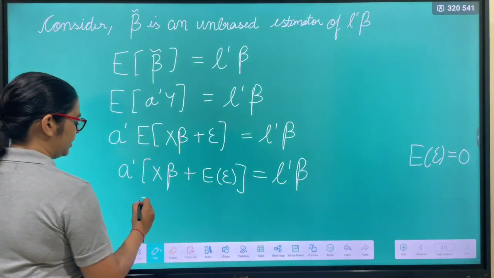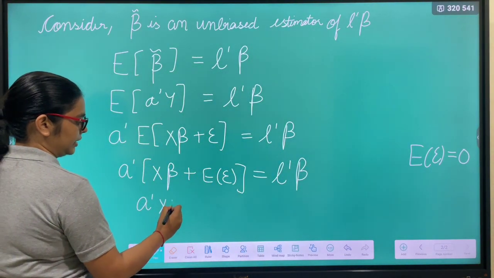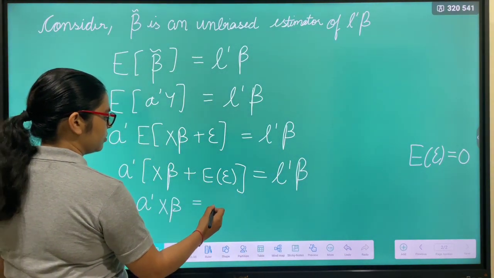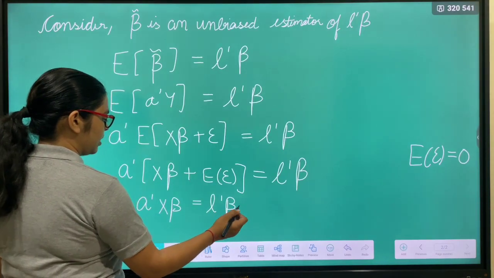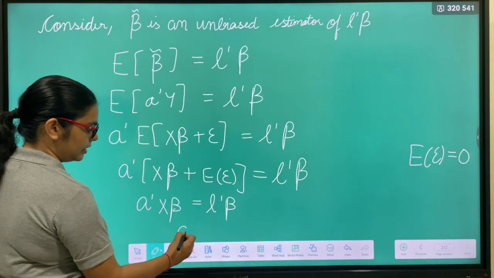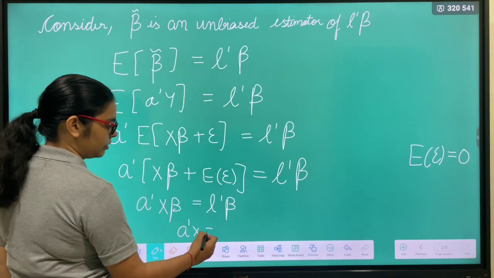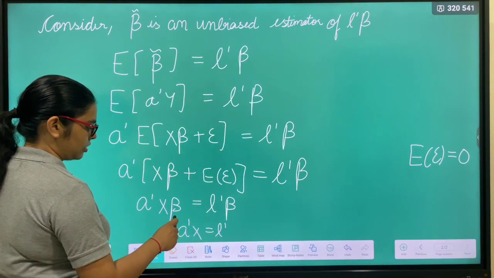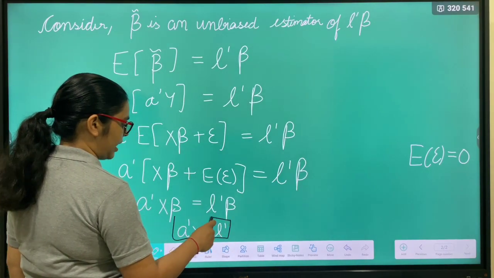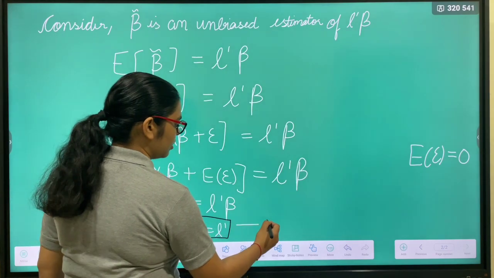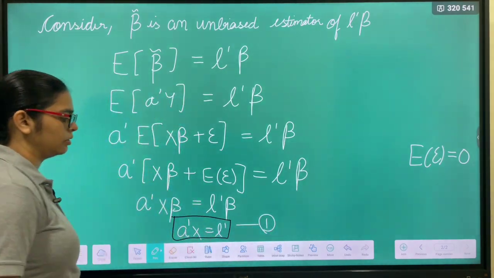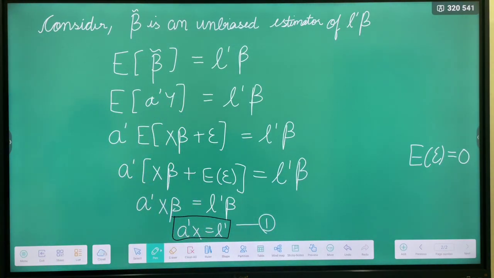So we are left with a'X beta equals L'beta. Now from here we can say that a'X is equal to L'. Let us consider this as equation number 1: a'X = L'.